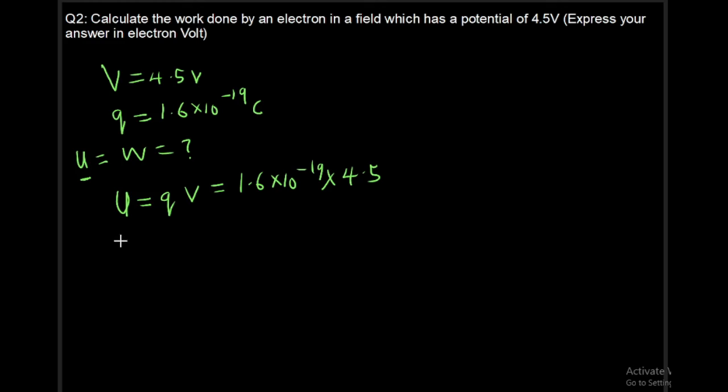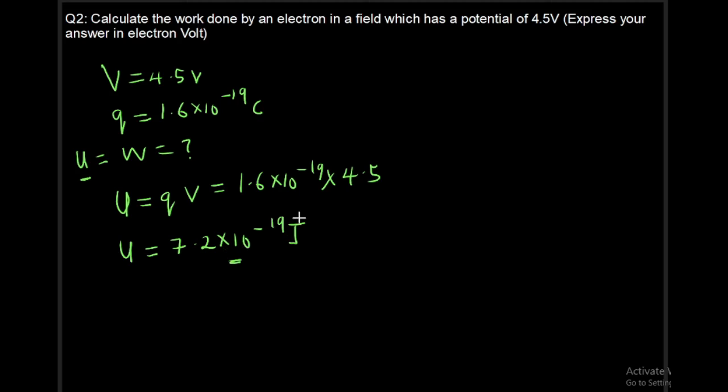So we have electric potential energy to be 1.6 times 10 to the power of minus 19 multiplied by 4.5, and that will give us 7.2 times 10 raised to the power of minus 19 joules. So this is our value for electric potential energy in joules.